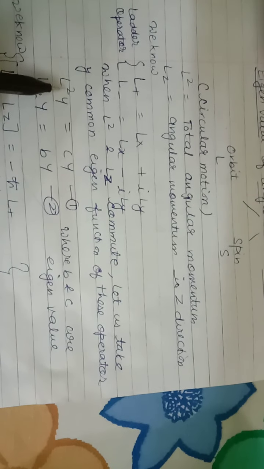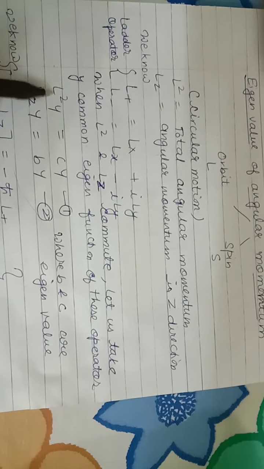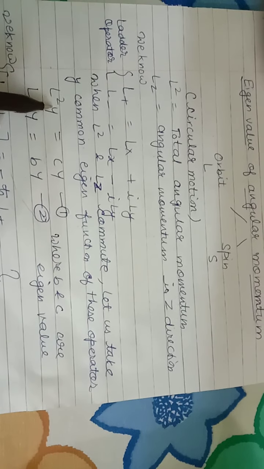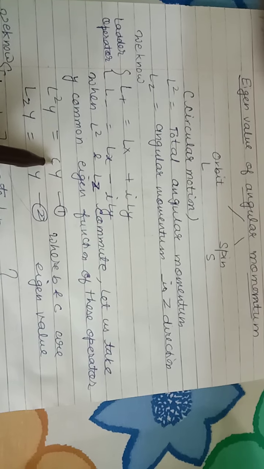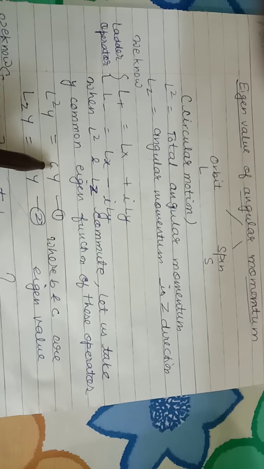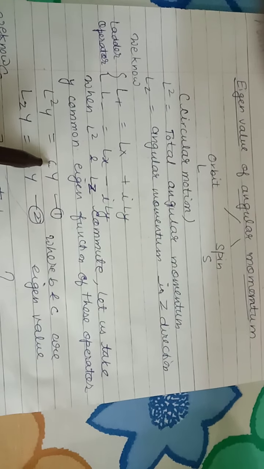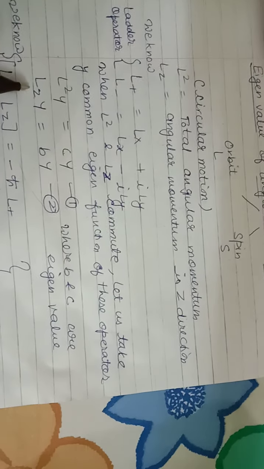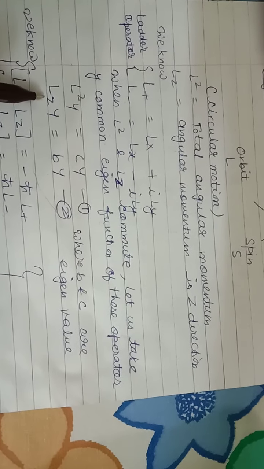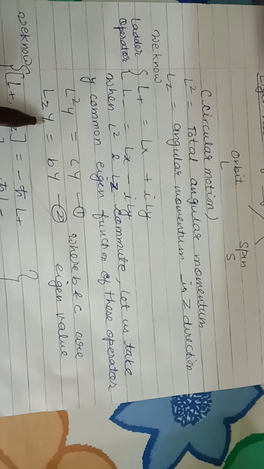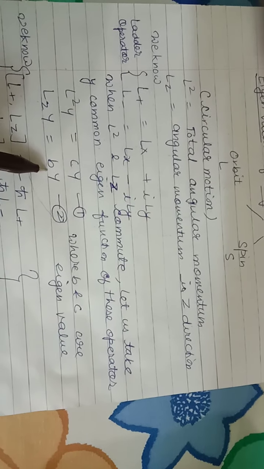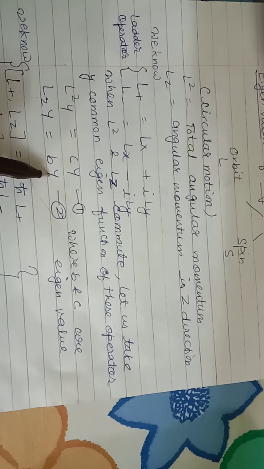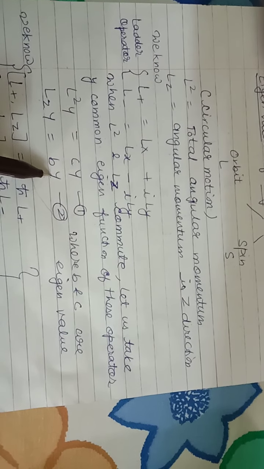First, L square ψ is equal to Cψ, where C is a constant known as the eigenvalue, for equation 1. Another is Lzψ is equal to Bψ. Here B is the eigenvalue and ψ is the common eigenfunction.